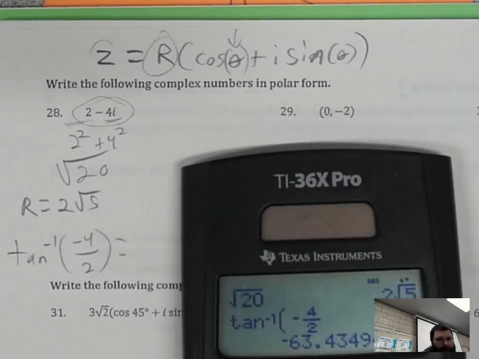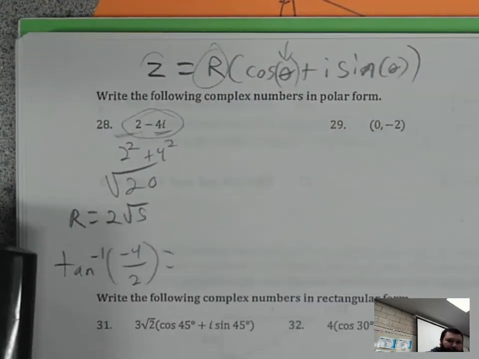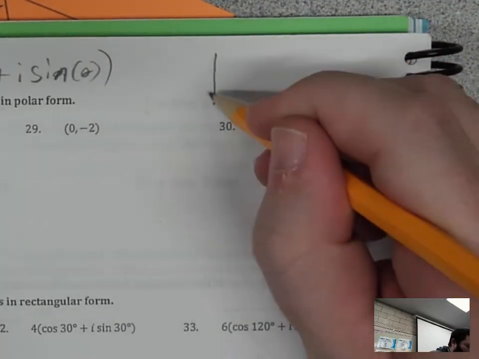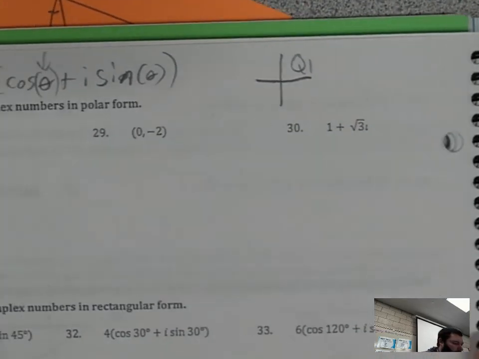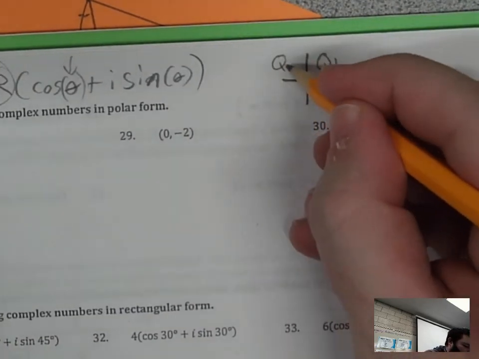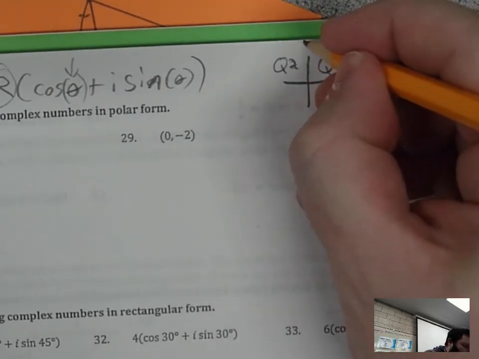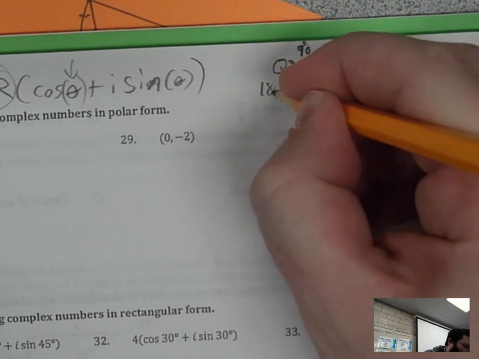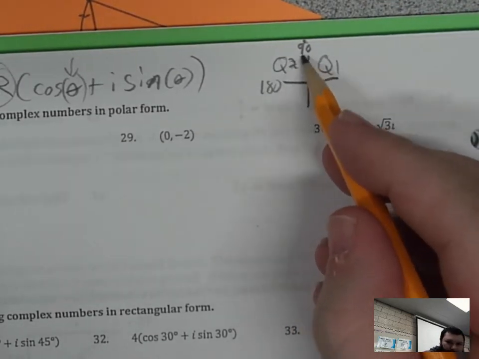Now, before I go any further, I also have to pay attention to the quadrants, right? So if I'm in quadrant 1, I don't have to do anything. If I'm in quadrant 2, this goes from 90 degrees to 180 degrees, so my degrees need to fall within that range.